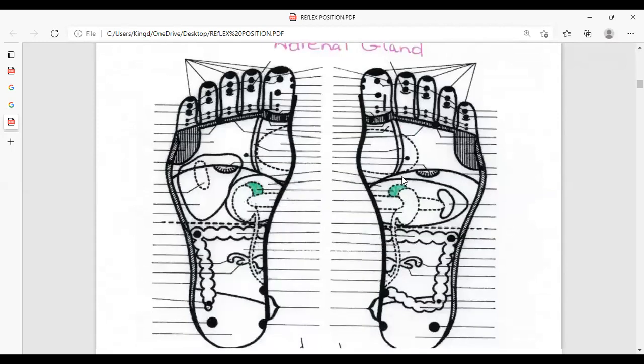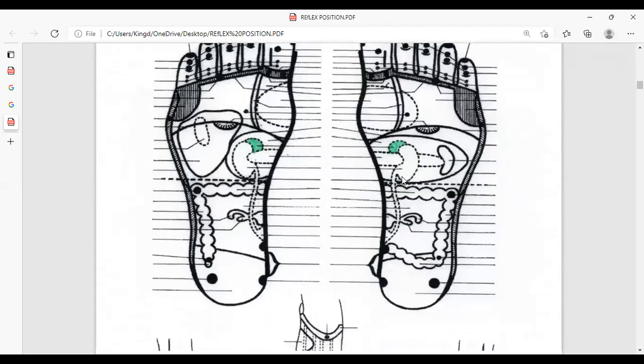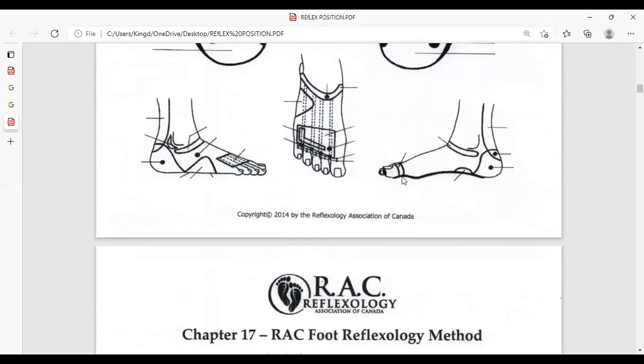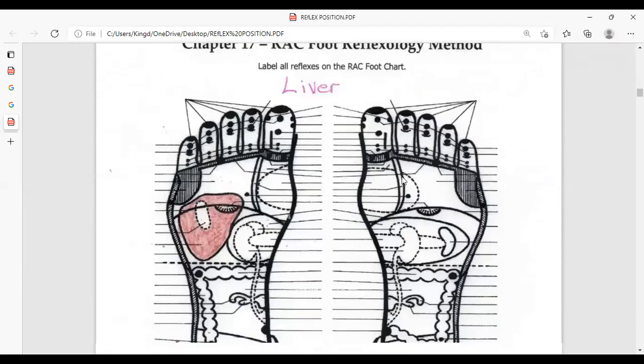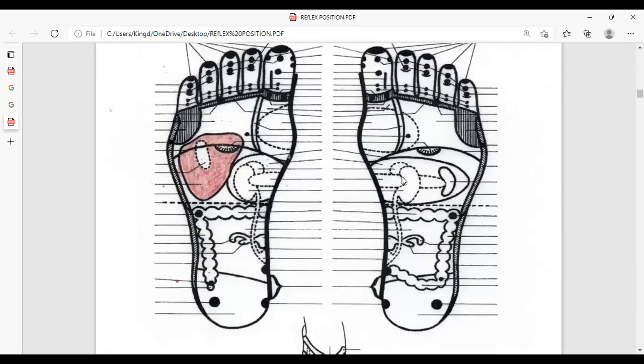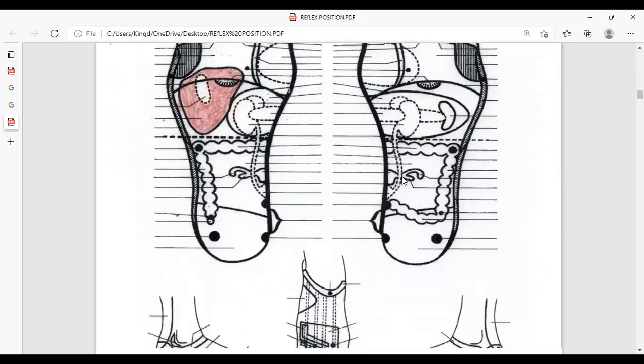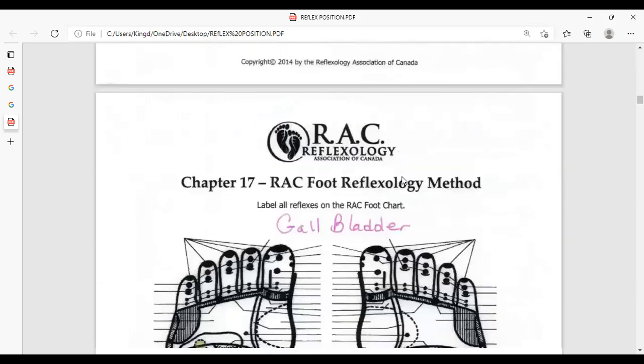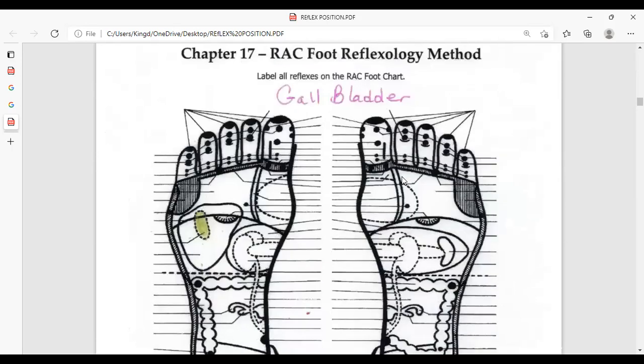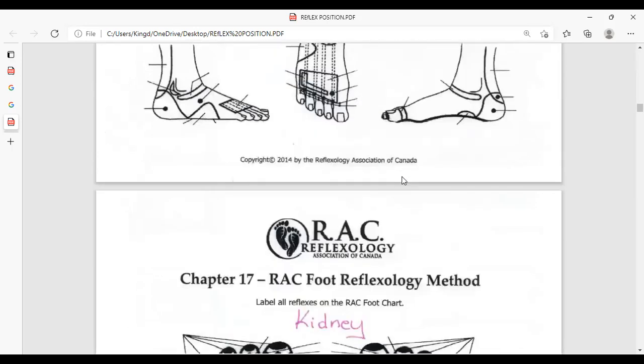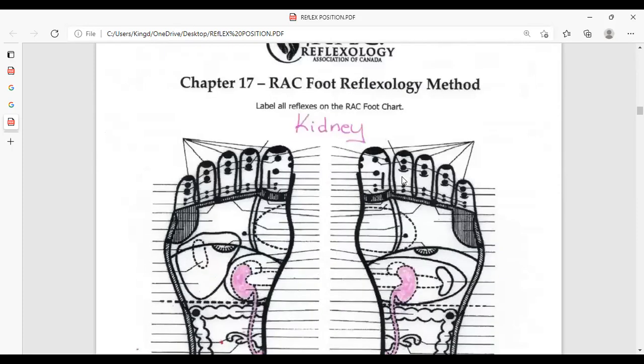Okay, the adrenal gland, which is resting on top of the kidneys. The liver. The gallbladder, hook. The kidneys.